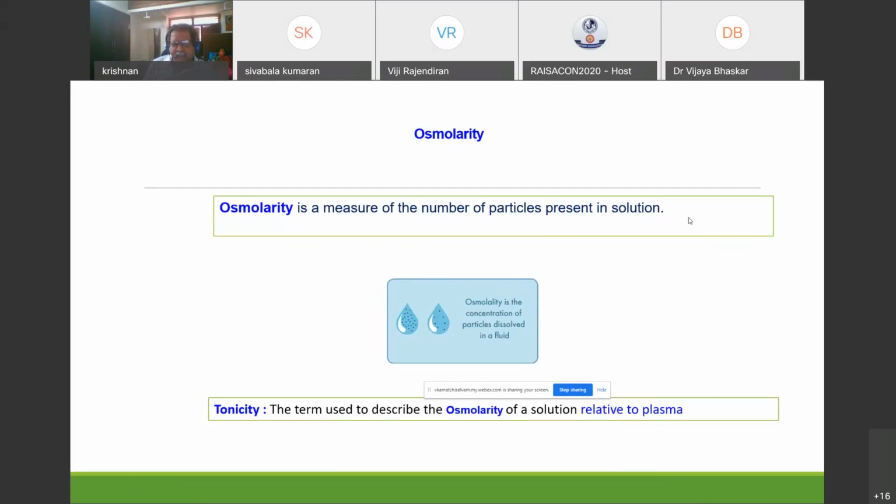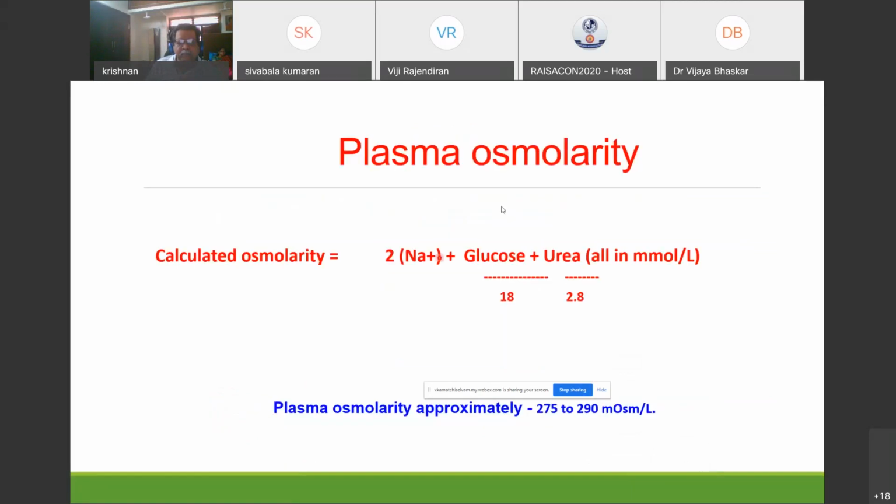If there's going to be any rise or drop in osmolarity, we are going to have a problem with the tonicity of the fluid. The tonicity is nothing but the osmolarity of that particular solution that you are going to give relative to plasma. So this term tonicity is very important whenever you give fluids.